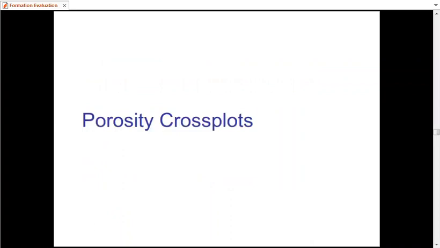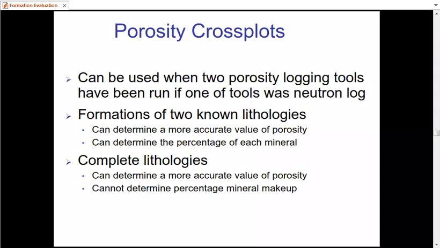One of the tools we are using in formation evaluation is the porosity crossplots. What about porosity crossplots? Porosity crossplots can be used when 2 porosity logging tools have been run, if one of the tools was a neutron log. At any time, the crossplot considering neutron log is a basic tool, and you have to consider the other tools.